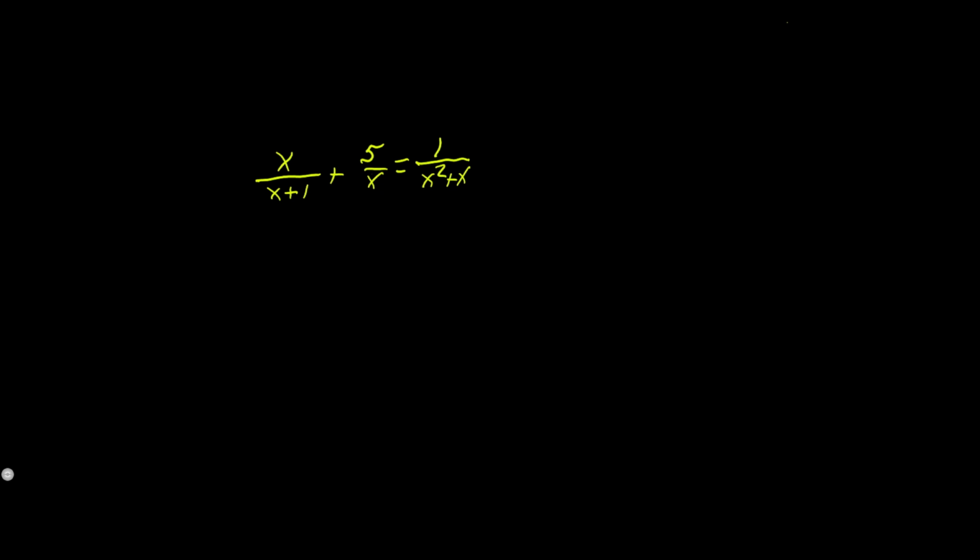So here we're going to multiply x by x, where we get x squared, plus x plus 1 times 5, which is plus 5x, plus 5, all divided by x squared plus x, and that equals 1 over x squared plus x.